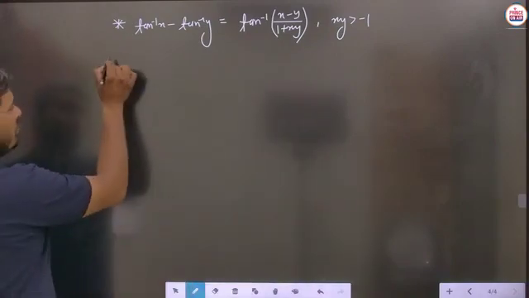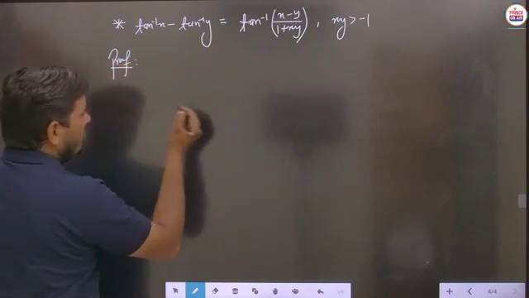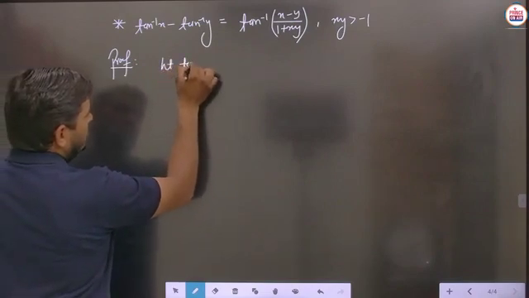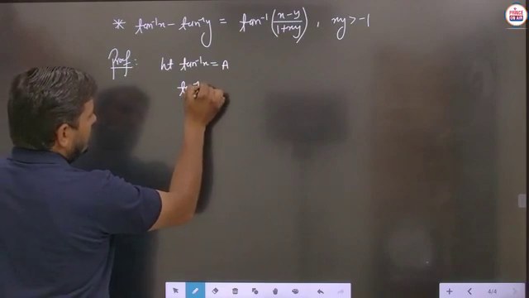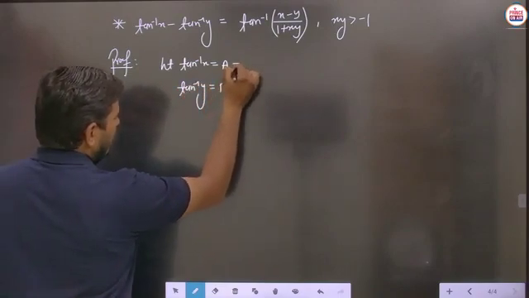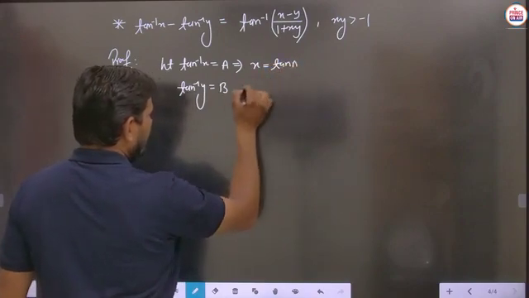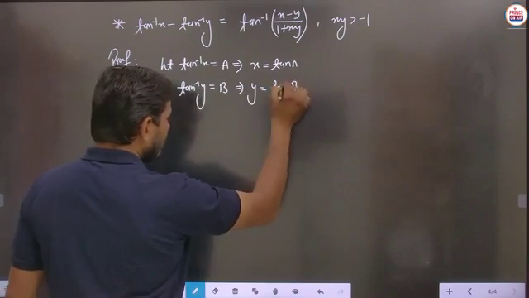Now how the proof is to be written. Let tan inverse x be taken as A, and tan inverse y be taken as B. From this, x is tan A, and y is tan B. Is that clear?